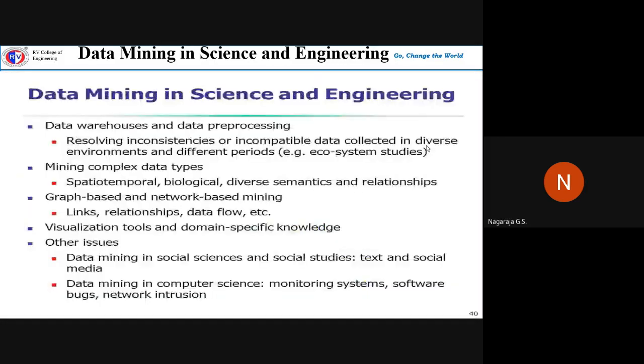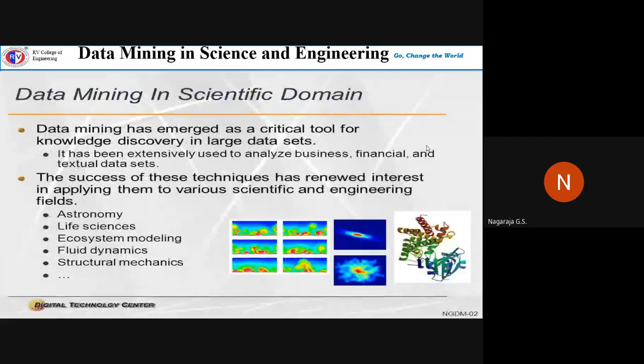Having said that, if you want to focus more on the scientific domain itself, this particular slide will give you the right number of domains. You can look at the bottom. We have a division called astronomy where we study more on the natural science and earth environment.